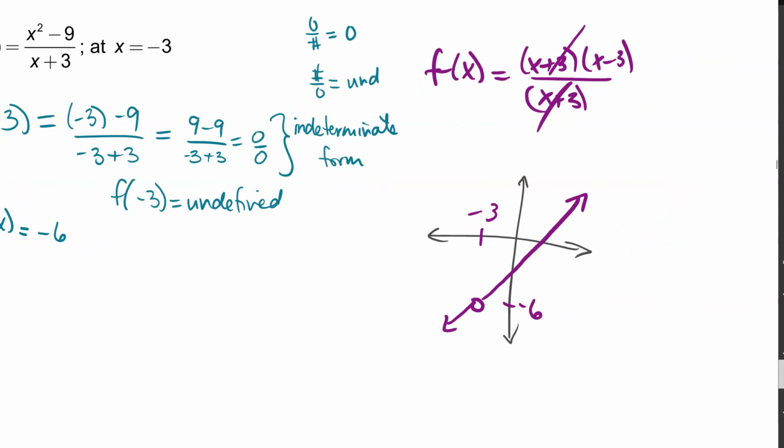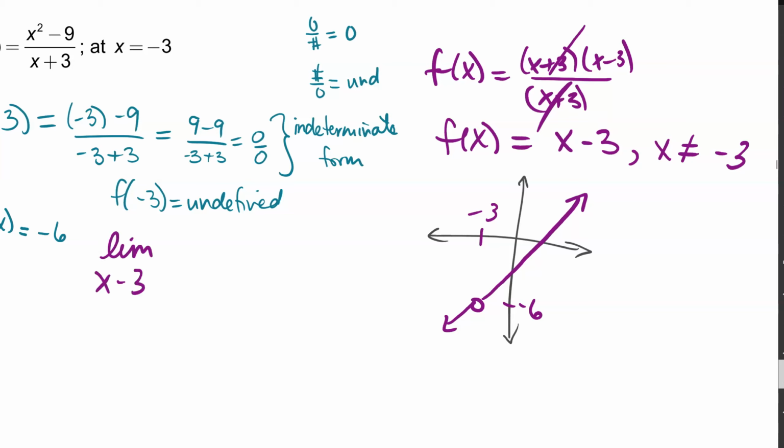So what I could do is rewrite my function as x minus 3, but x cannot equal -3. That's what the graph is showing us. All I have to do is cut out the one place that would make me divide by 0, and I'm good. So if I take the limit as x approaches -3 of my new function now that I've canceled my term out, I just plug in -3 for x: -3 minus 3 is -6.